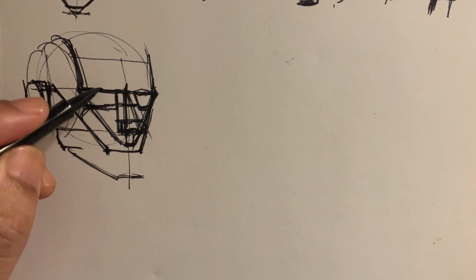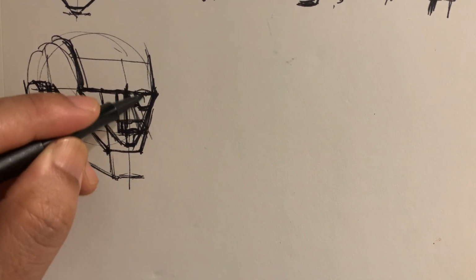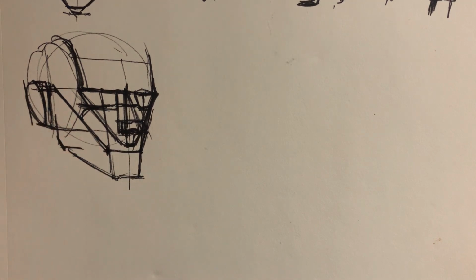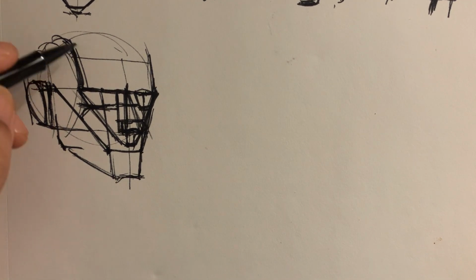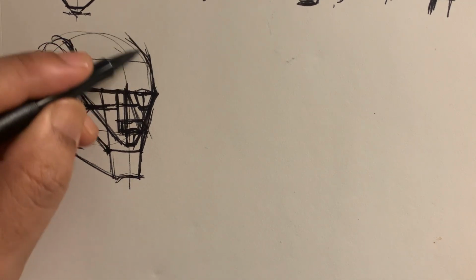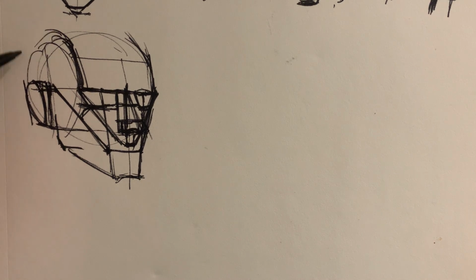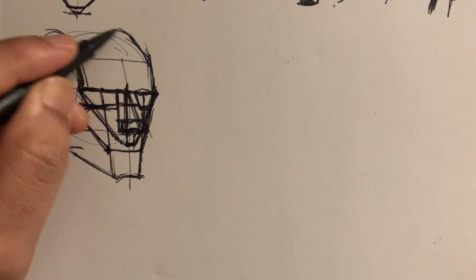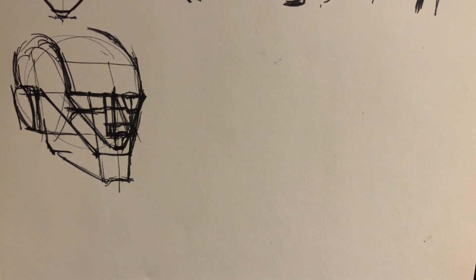The width of the chin is usually the middle of the eye. So that's the construction. Deconstruction.